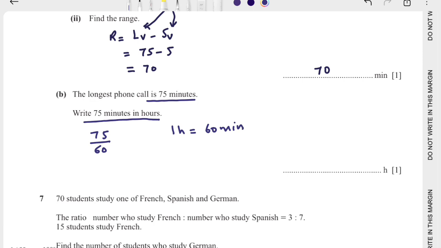So we will reduce it. 5 12s are 60 and 5 15s are 75, and 3 4s are 12 and 3 5s are 15. So it would be 5 over 4 hours, or one whole number and 1 over 4 hours. So both answers are accepted.